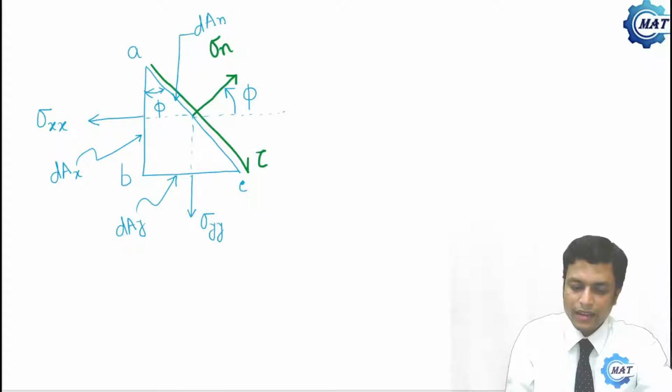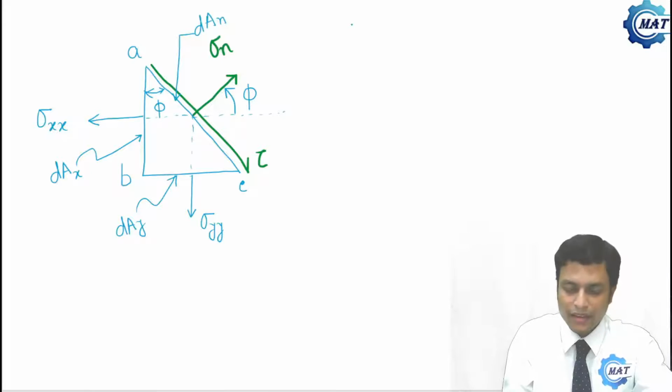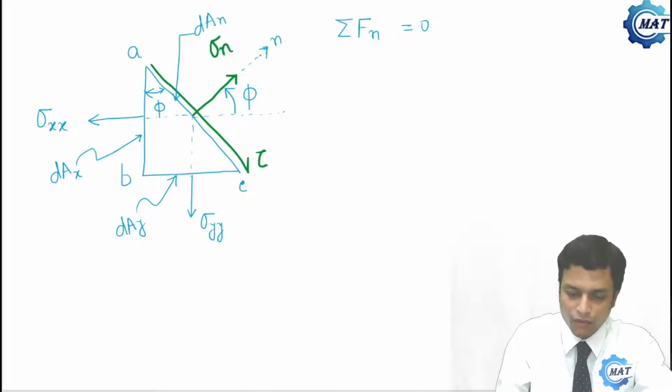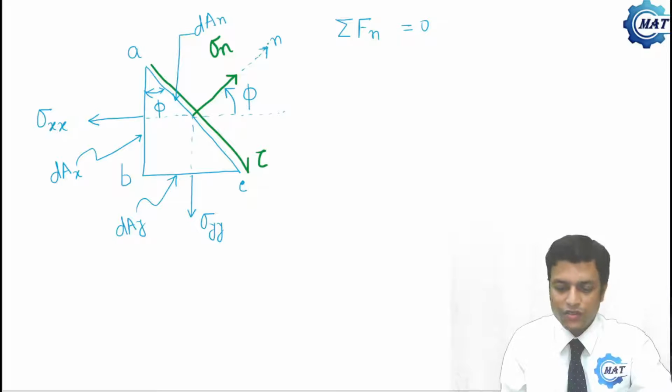Now at equilibrium we can make a force balance, that is, summation of all forces along n is 0. This is the n direction. So summation of all forces along n must be 0 at equilibrium. This is the equation of statics.